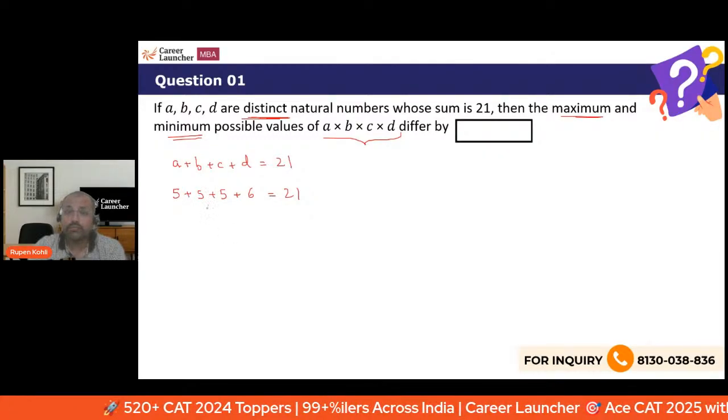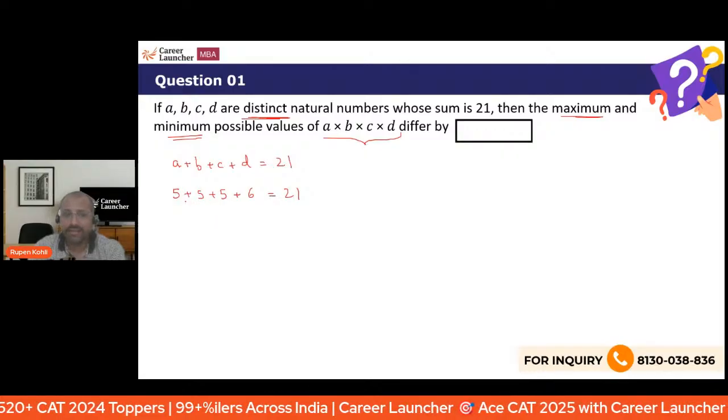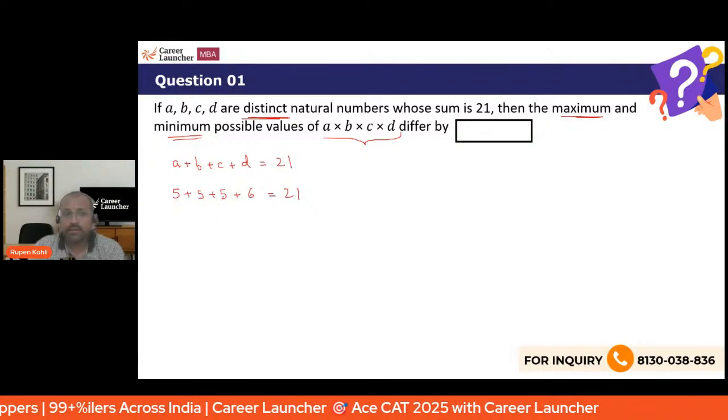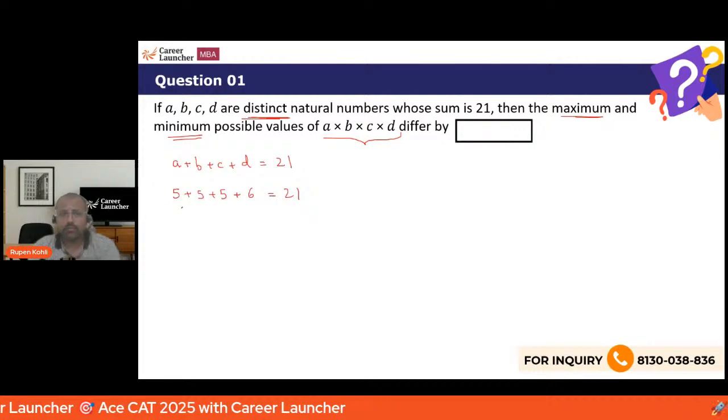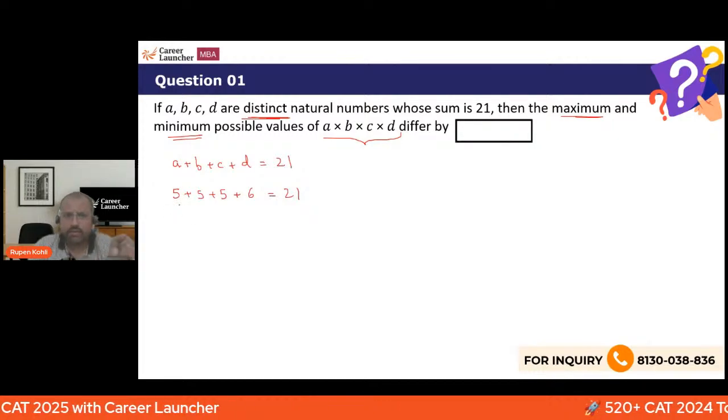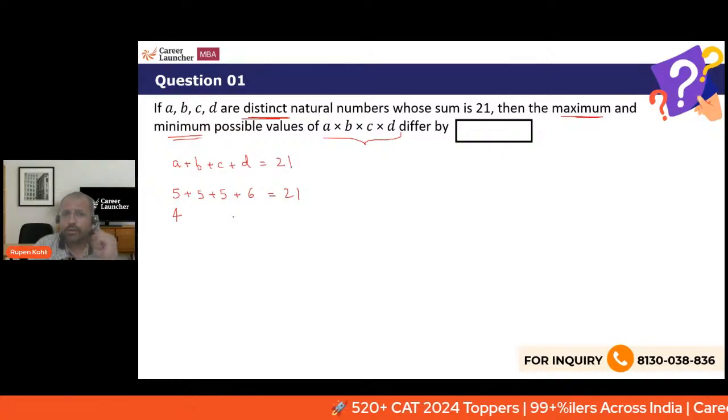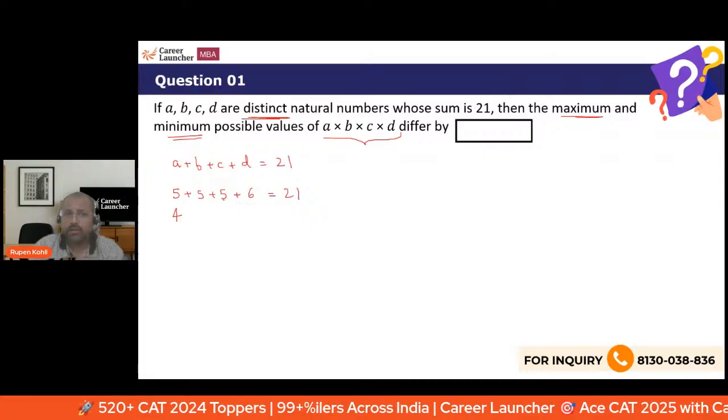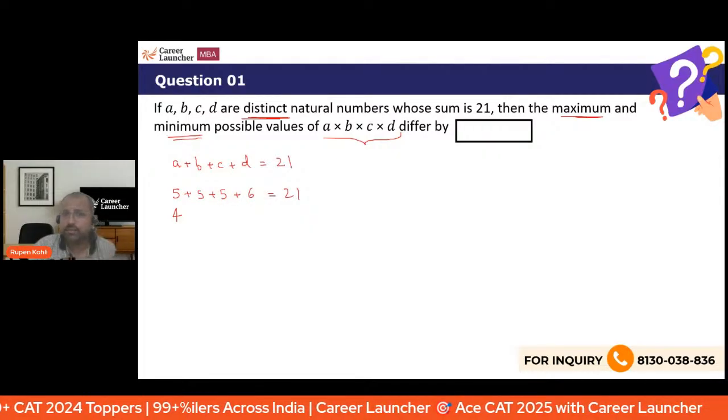What can I do? Obviously, something should be decreased, another should be increased, right? I can't have 3 5s. Let me make this 5. So I'm trying to make it as equal as possible. Now let me make this 5 as 4. Okay, but that will also not serve the purpose because, okay, one 5 is 4, but then if I increase this 5 to 6, then 6 would repeat.